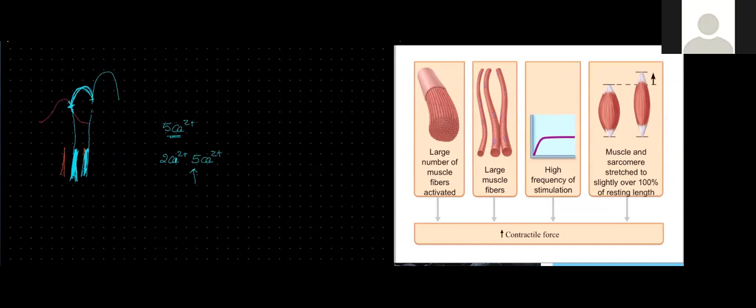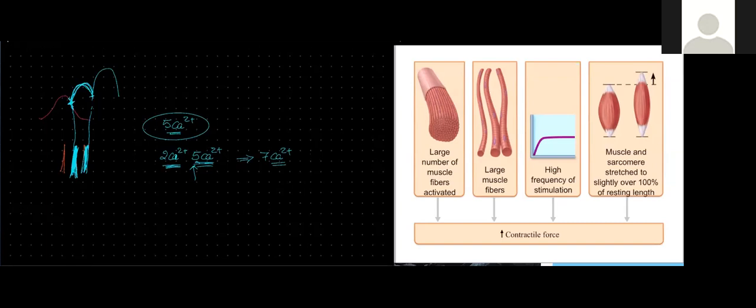So rather than having only 5 in the cytoplasm, now I have 2 from the previous contraction and 5 released due to the second stimulus. So now I have an increase in the number of available calcium in the cytoplasm. This increases the force of the muscle contraction.